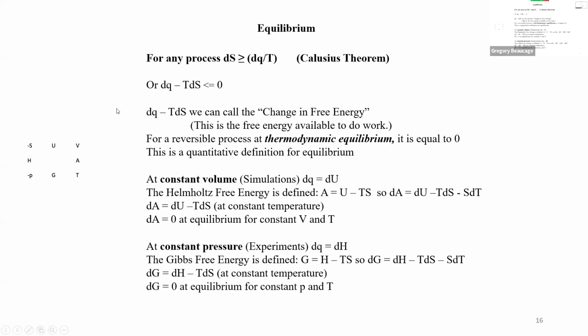At constant volume, dq is u, so it's u minus ts, which gives you a, the Helmholtz free energy, and at constant pressure, q is h, so it's dh minus tds, which is the Gibbs free energy, h minus ts, which are all in the square thing. G is h minus ts, and a is u minus ts. Those things, and also the derivative terms.